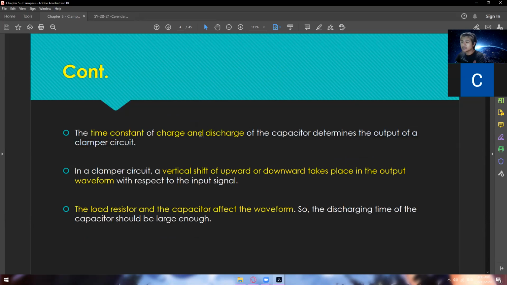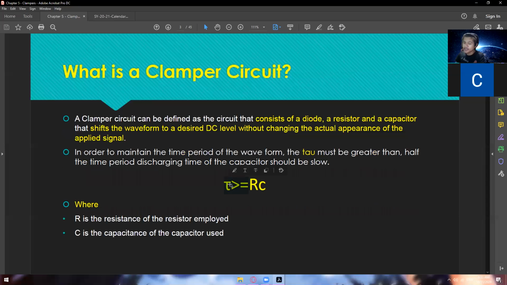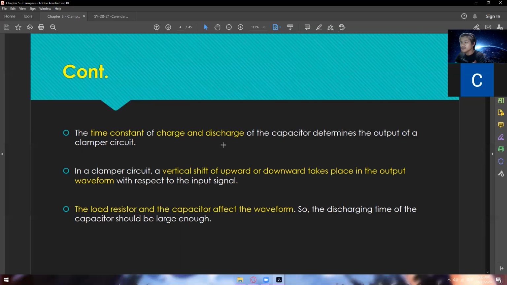So it is a requirement in clamper that the time of charging should be at least equal, okay? At least equal or greater than the discharging time. So that's the only way that our clamper circuit will work as a clamper circuit.